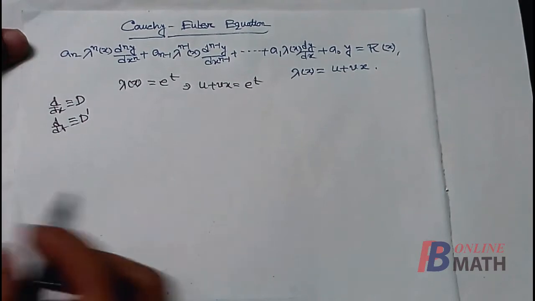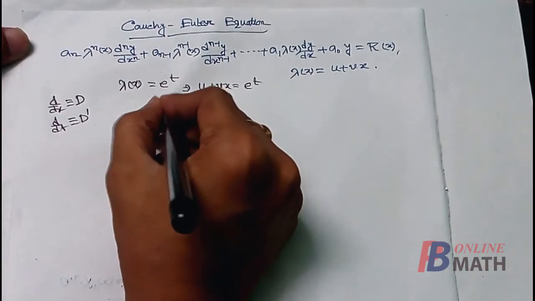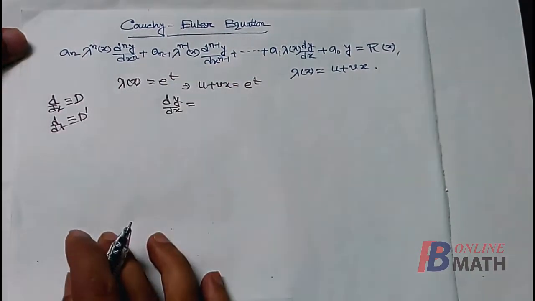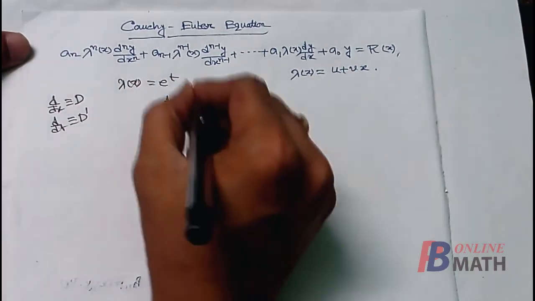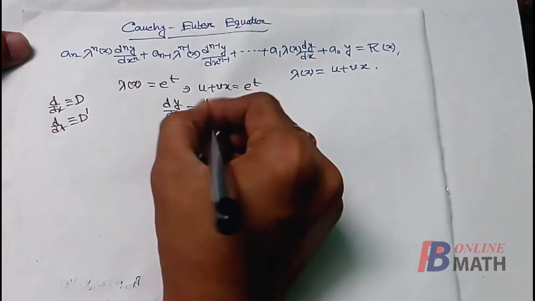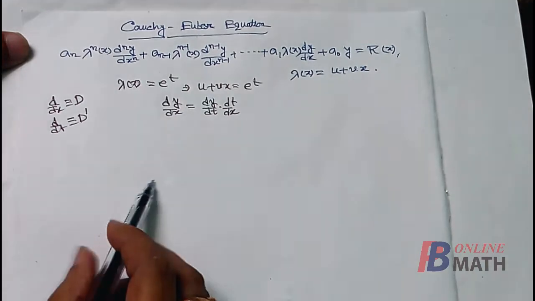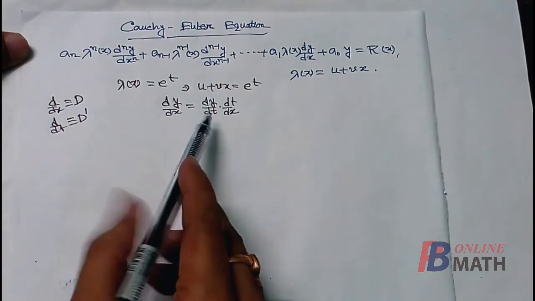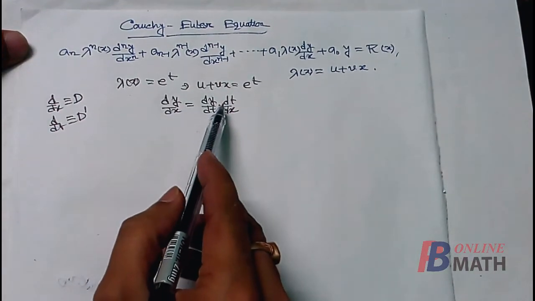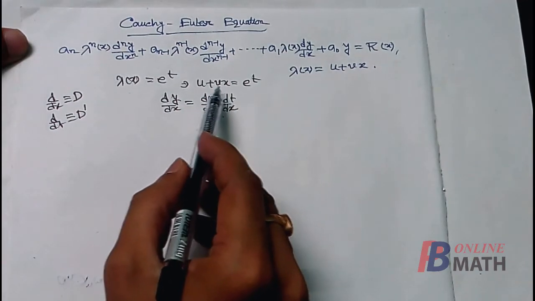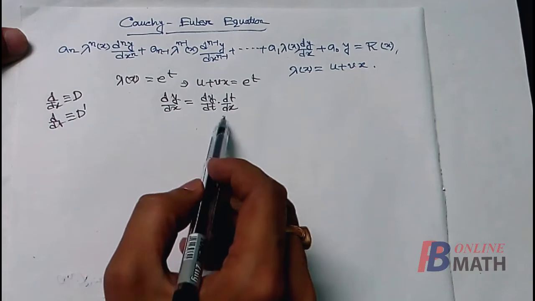So to convert this equation, first of all we have to replace dy/dx, and here we see that dy/dx we can write as dy/dt into dt/dx. t is the new independent variable. Then we have to find the value of dt/dx from this equation.